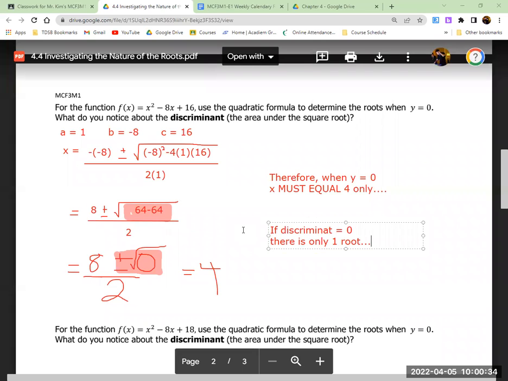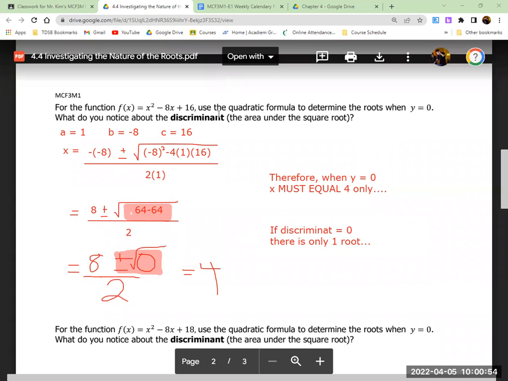So there's my intro to a new word. The discriminant is a special word used pretty much exclusively in math, but it comes from the same root word as discrimination, right?